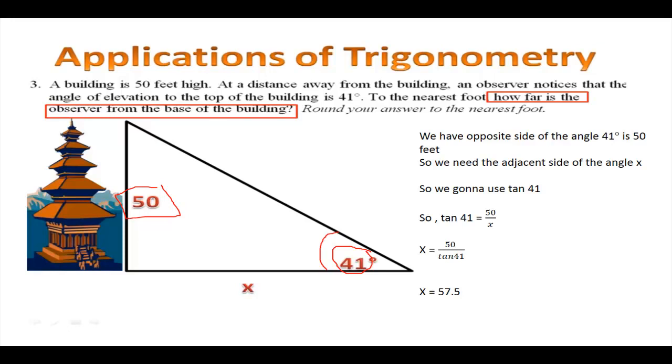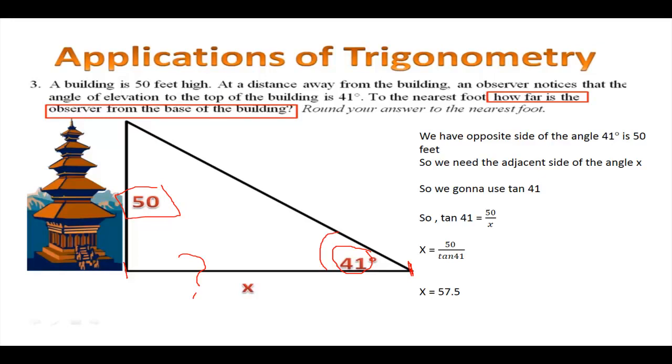How far is the observer from the base of the building? So he needs the distance between the building and the observer, who stands right here. So I need to find this side.